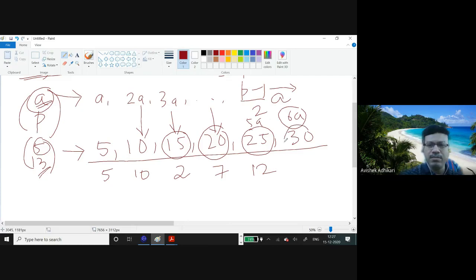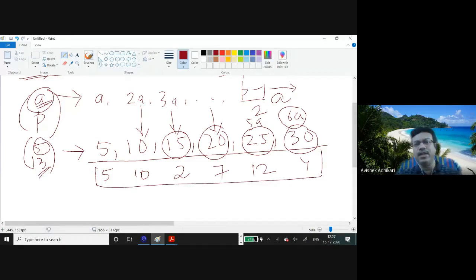And 30 modulo 13 becomes 4. Okay, so consider this set. Basically you are taking A up to (P minus 1)/2 times A, then converting all of these into their least residues modulo P.